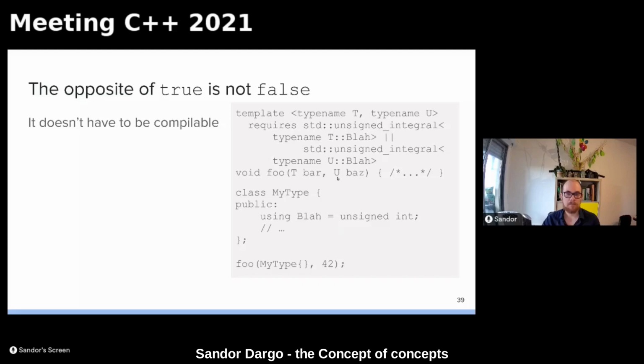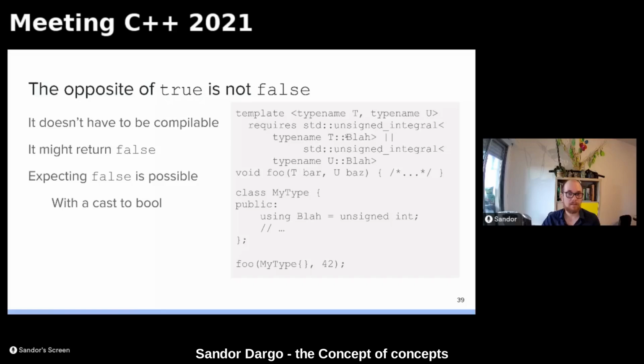And then we pass in 42, which we put here instead of the U, but it obviously doesn't have a blah. So this wouldn't even compile. Yet these requirements are satisfied.